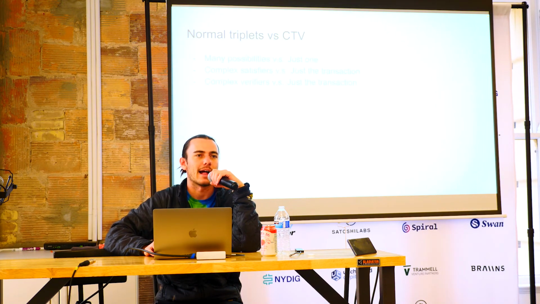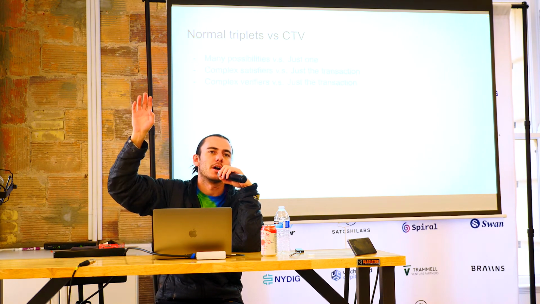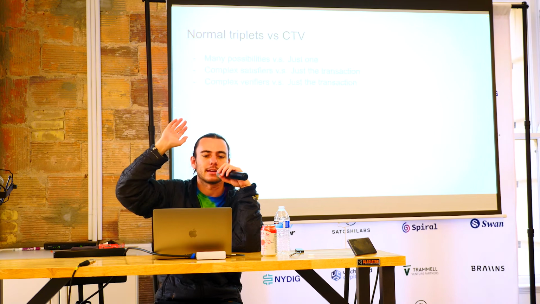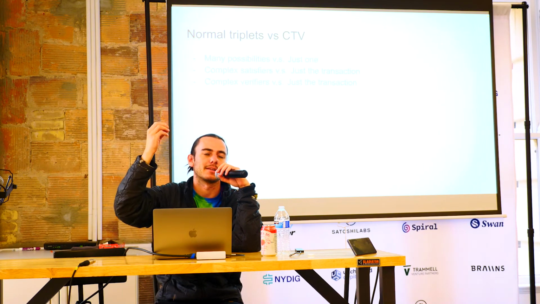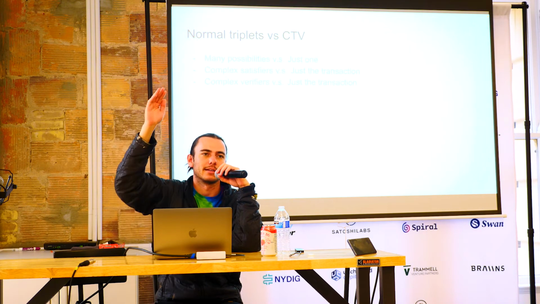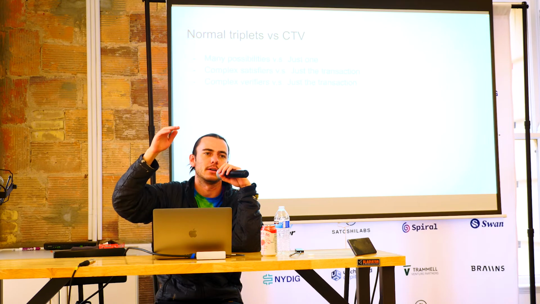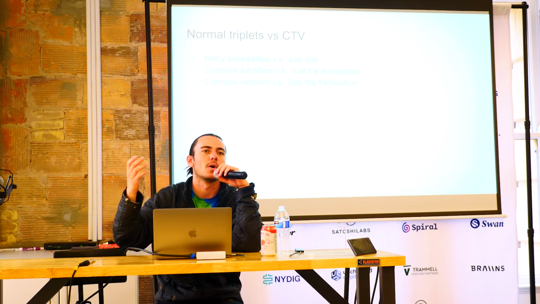CTV is not designed to be some galaxy brain, incredible opcode. It's the stupidest thing you could come up with, and that's the design specificity. If I told you what CTV was trying to do with that spec of the intent, satisfier, verifier, you would come up with pretty much the same thing. There'd be almost no other way of doing it.